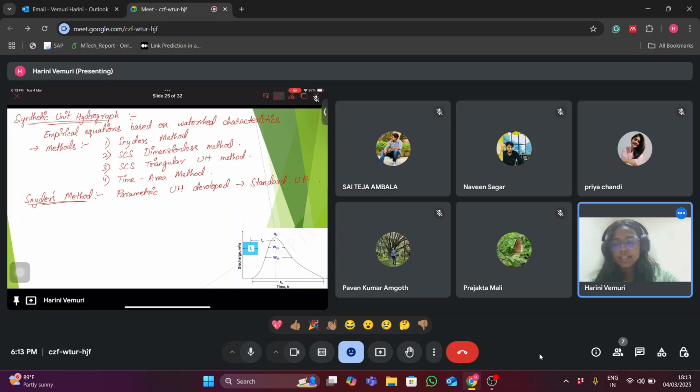So we have different key elements of this hydrograph. First is the effective rainfall duration. Effective rainfall duration is nothing but the duration for which the effective rainfall occurs.